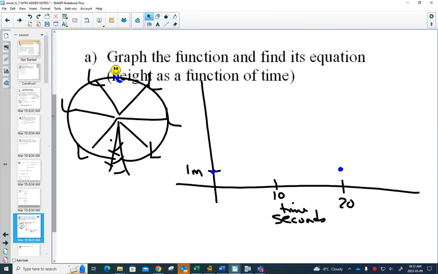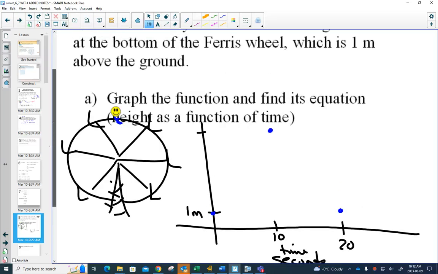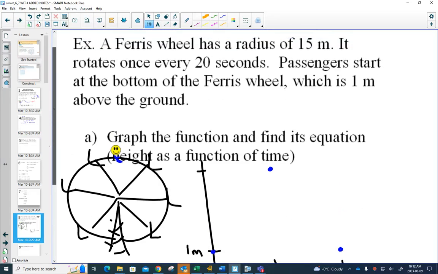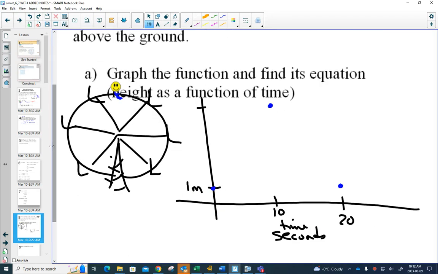Now, we have to imagine, where is that top? What number would I put there? How high above the ground would you be? Okay? So, what did the question tell us? A Ferris wheel has a radius of 15 meters. Radius is the distance from the center to the edge.